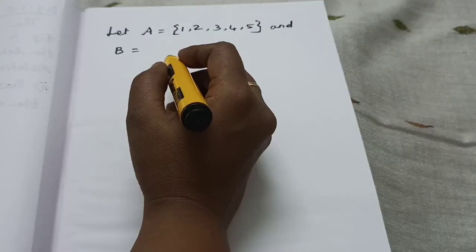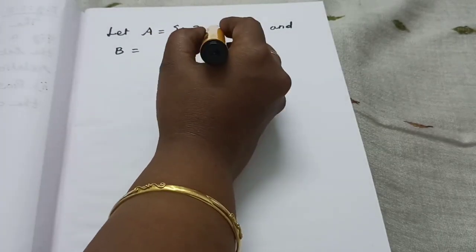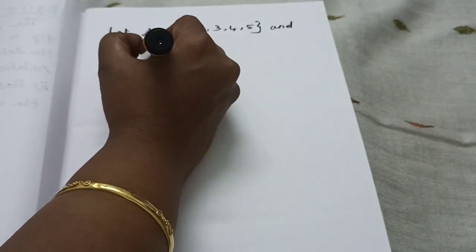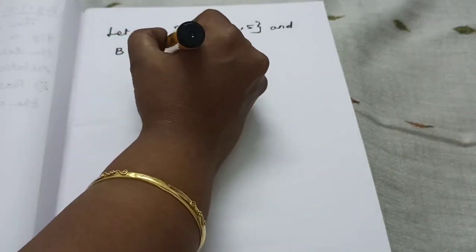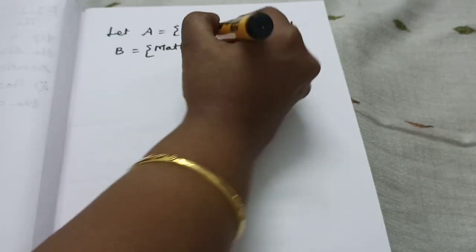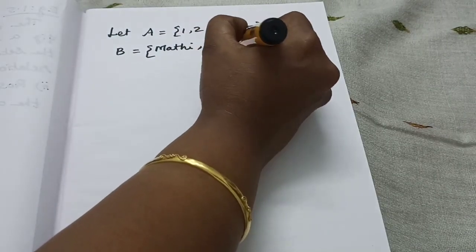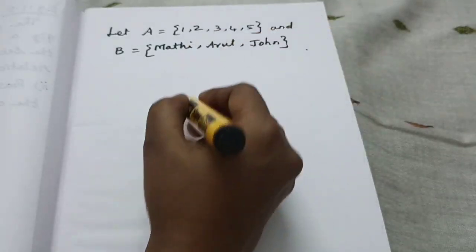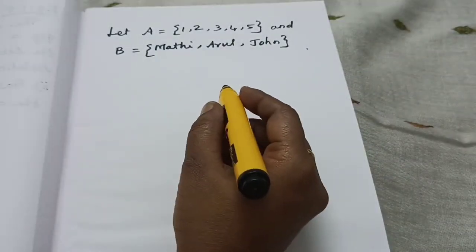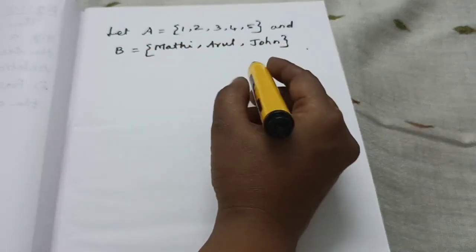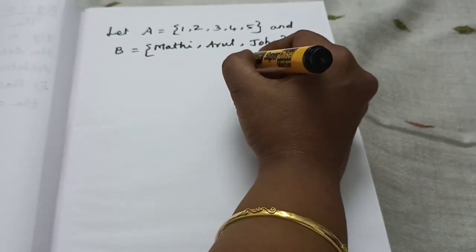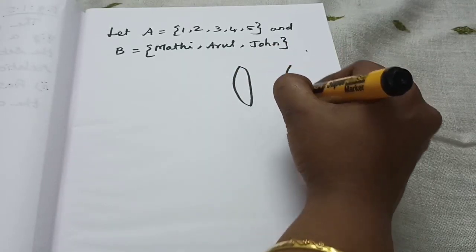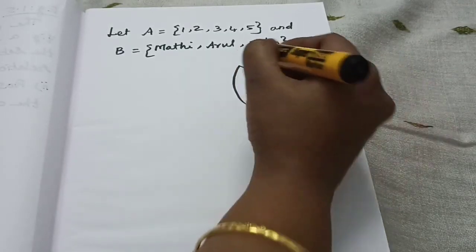Then B is equal to the set of Madhi, Arul and John. Okay, then a relation R between the above sets A and B can be represented by an arrow diagram. This one I am going to represent as an arrow diagram.